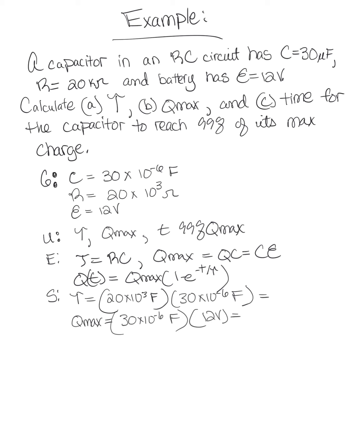So let's put these in our calculator. For tau, we have 20 e to the 3 times 30 e to the minus 6. This is going to be 0.6, and remember it has a unit of seconds.